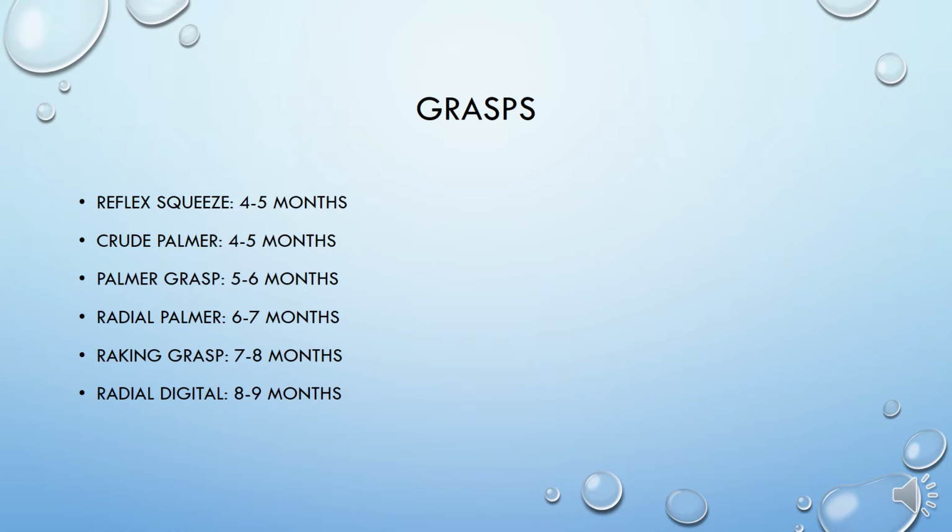Again, development in our hand works the same as the development in the rest of the body. It's going to go from gross to fine, from crude to more specific, general to specific, and in particular in the hand, the development is going to go from ulnar to radial. So the radial, the thumb and pointer finger side of the hand, is what I call the business side of the hand.